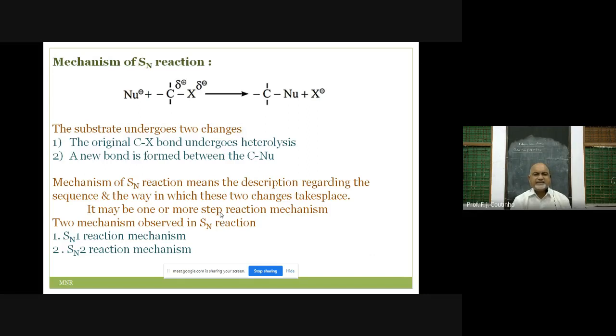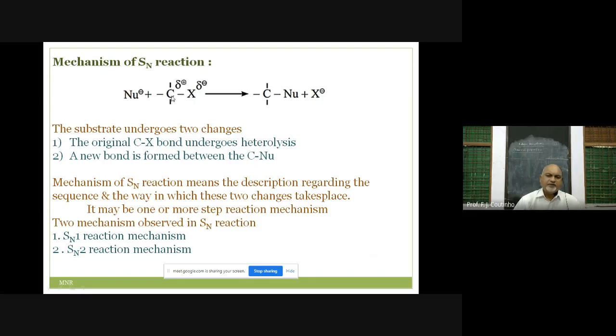Now what is SN? S means substitution, N stands for nucleophilic. The mechanism of SN reaction. Earlier in the same lecture, I explained this reaction. This is a carbon atom having a delta positive charge, and a halogen having a delta negative charge, so partially positive and partially negative.